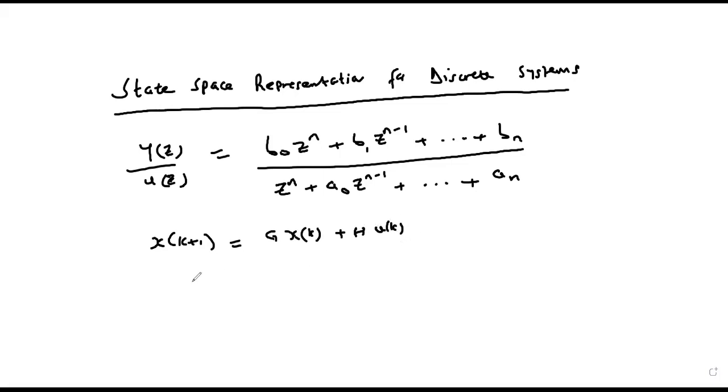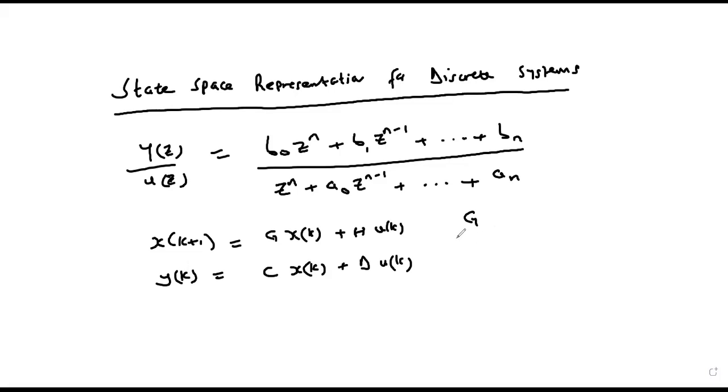That is our state equation. And the output equation y(k) equals a matrix C multiplied by x(k) plus a matrix D multiplied by u(k), where of course G is the state matrix, H is the input matrix, C is the output matrix, and D is a transition matrix.